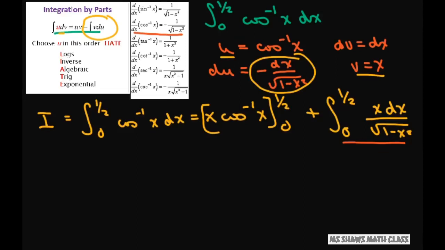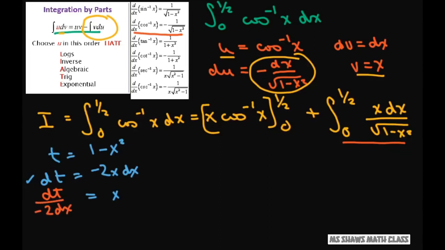I'm going to let t equal 1 minus x squared. So, therefore, dt would equal negative 2x dx. And therefore, if I solve for x, I'm going to get x dx equals dt divided by negative 2.